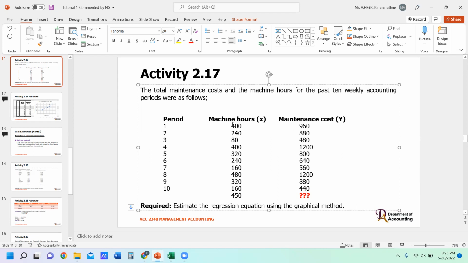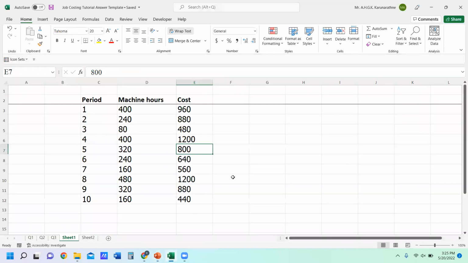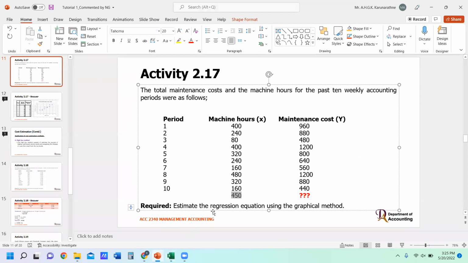Using that relationship, that formula, we can predict what our future maintenance cost would be, provided we are going to operate for 450 machine hours. It is asked to estimate the regression equation using the graphical method.